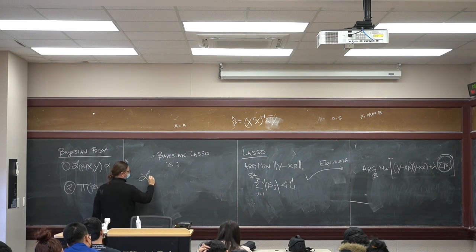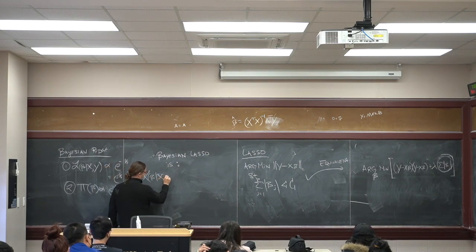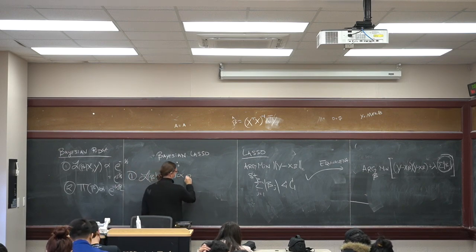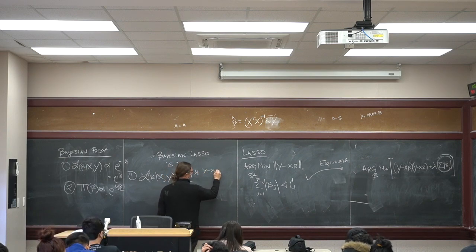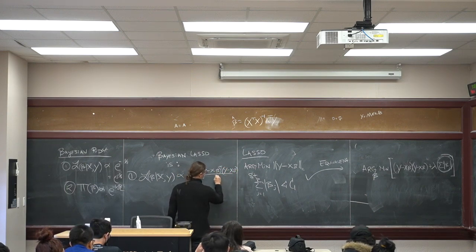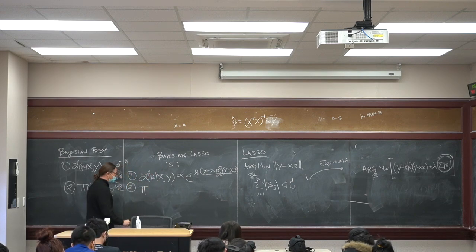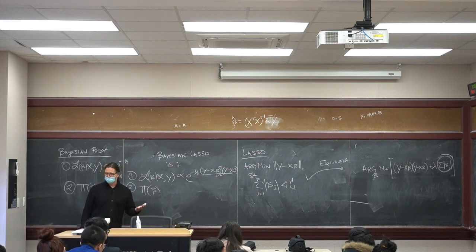I'm going to take my likelihood function, x beta, x, y. This is going to be the same thing: e to the minus 1/2 y minus x beta transpose y minus x beta divided by sigma squared.